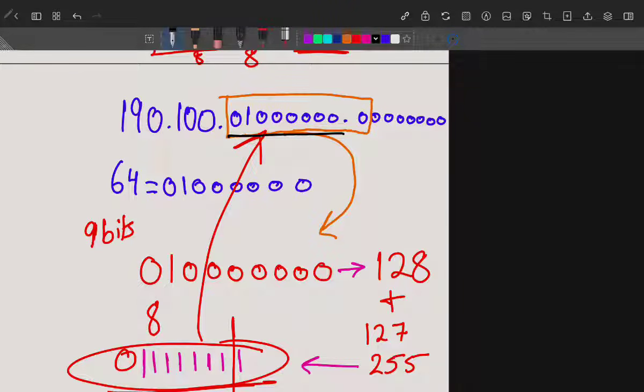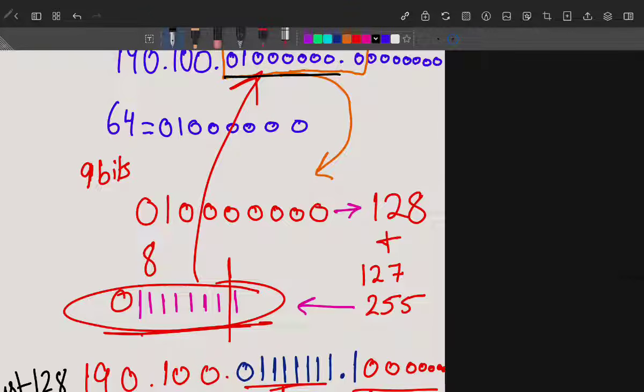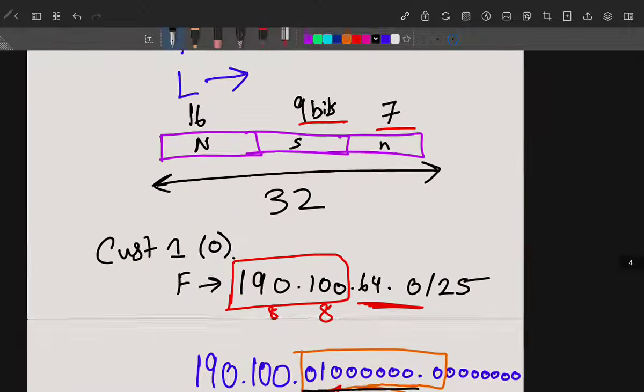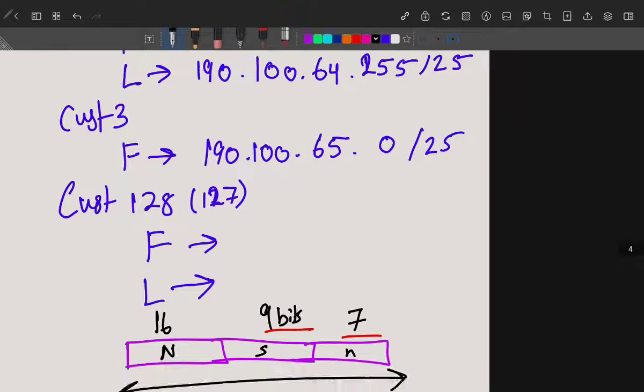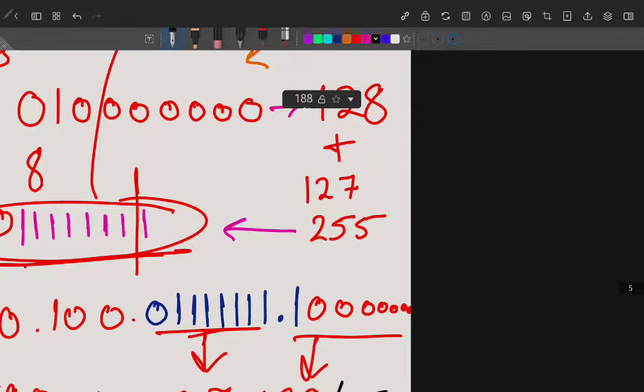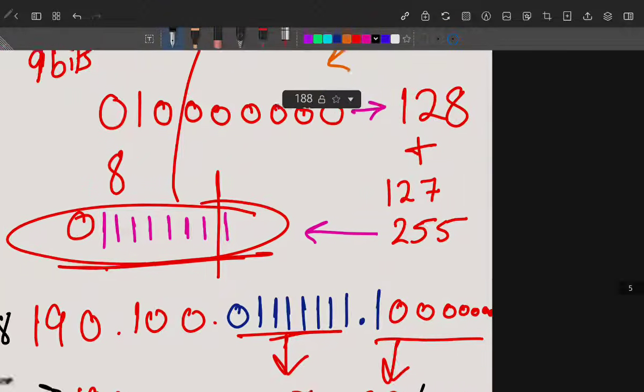Find your subnet bits, convert them to binary, convert your subnet bits to decimal. After getting the subnet bits into decimal, you add the number of subnets, which is 127 in this case. We want to jump to the 127 subnet. So 128 plus 127, you get 255.